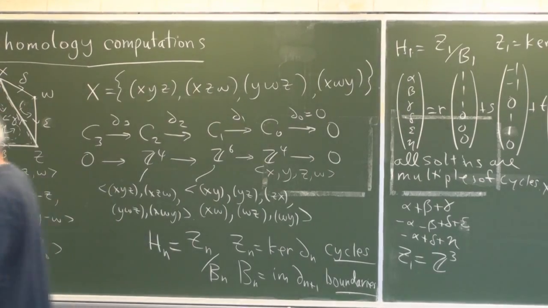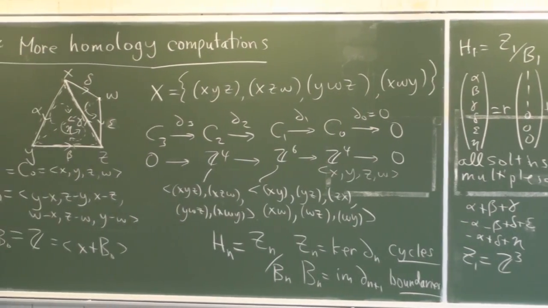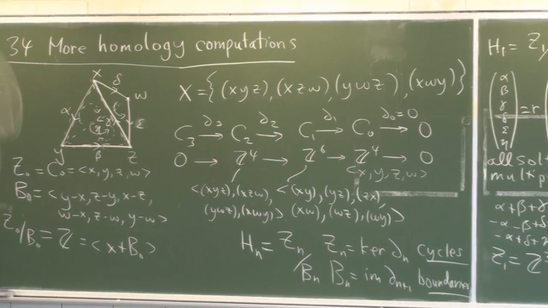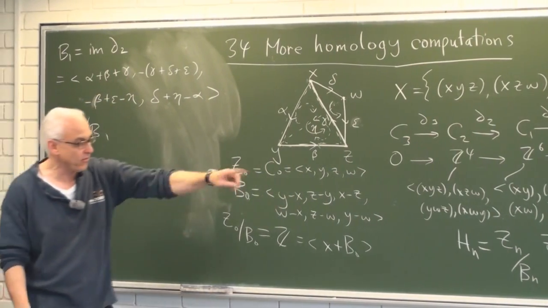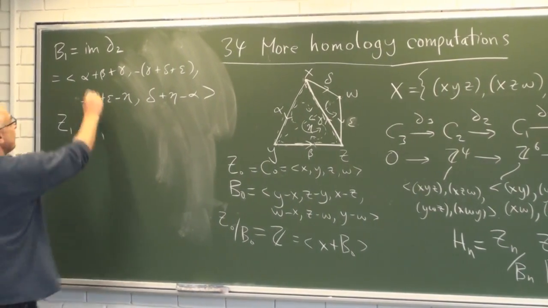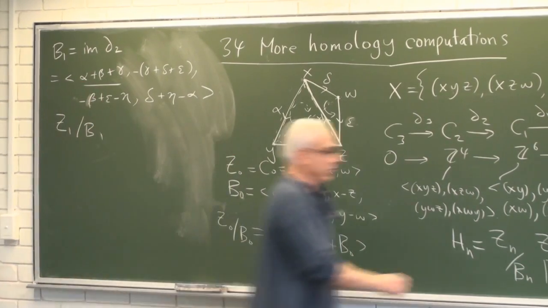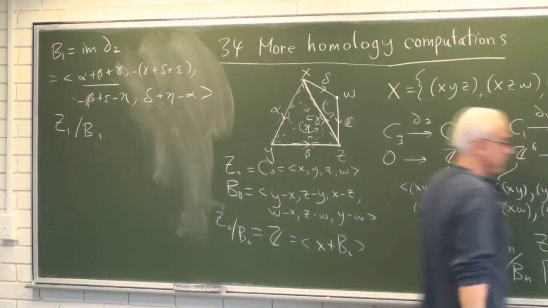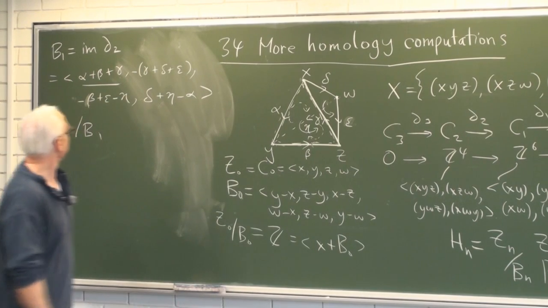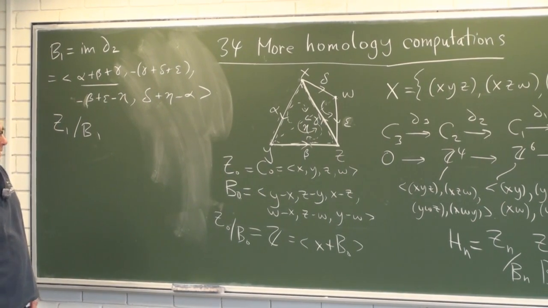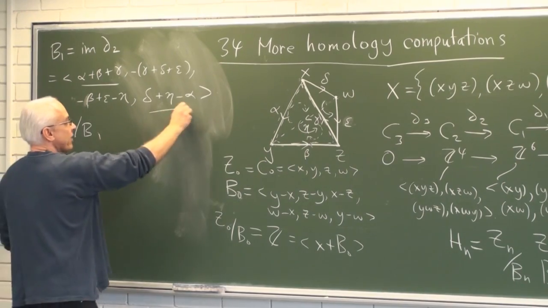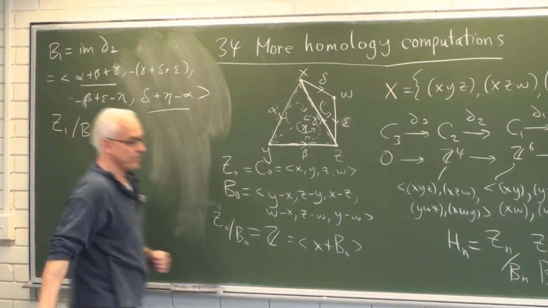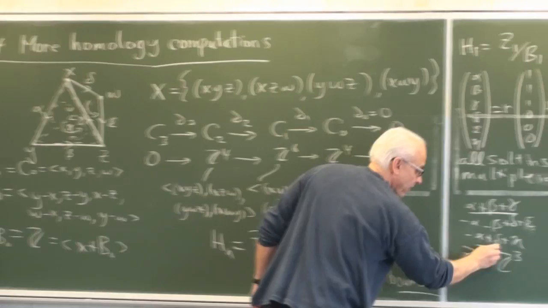Well, you have to stare at these combinations and compare them. But I guess we can see that this one here is already the same as this one. And this one here, minus alpha plus delta plus eta, is in fact exactly the same as this one.